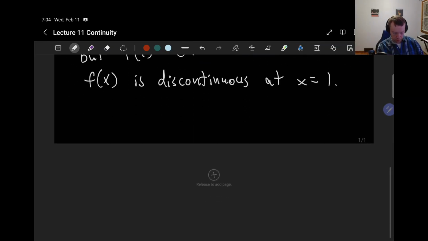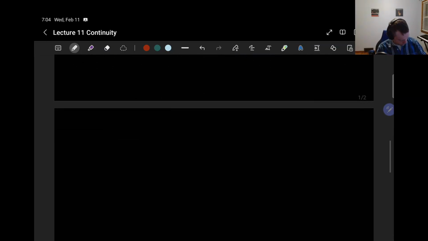So that's using a graph. Let's deal with an expression. Again, we're focusing on discontinuity at the moment.